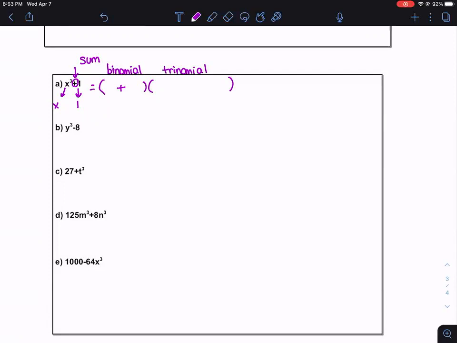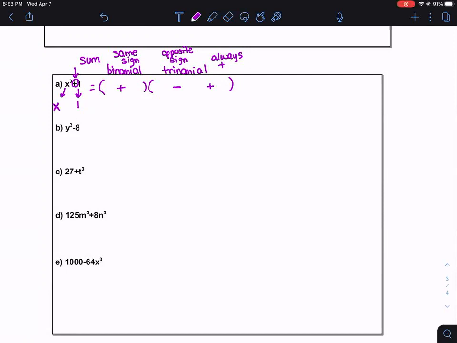We then go opposite the sign here, and the last term is always positive. So I'm going to write: same sign as what you started with, then opposite sign, and this is always positive at the end. Okay, and I'm going to do it the other way just to show you guys as well.